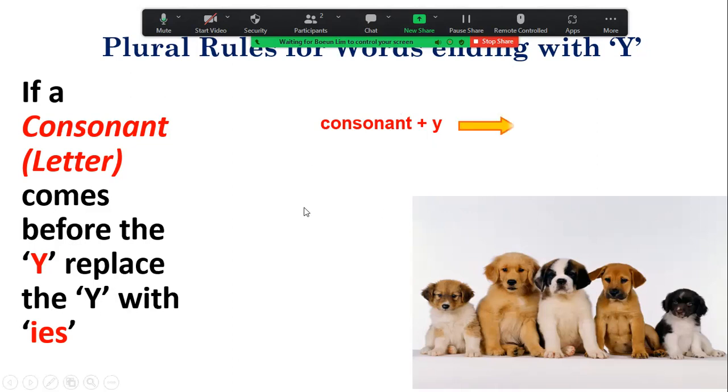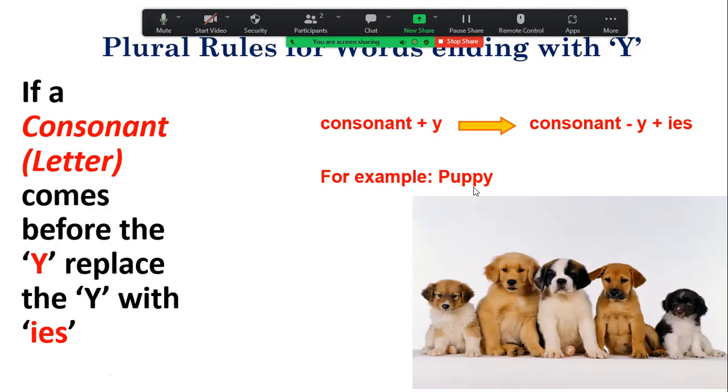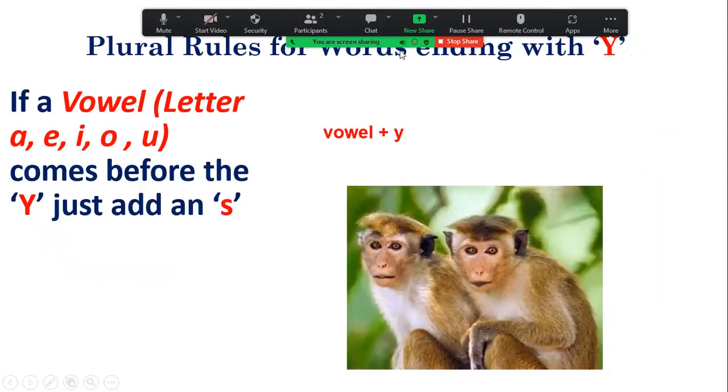You can see the P is a consonant letter, because the P is not A, E, I, O, U. So you change the Y to IES. Puppy, puppies.